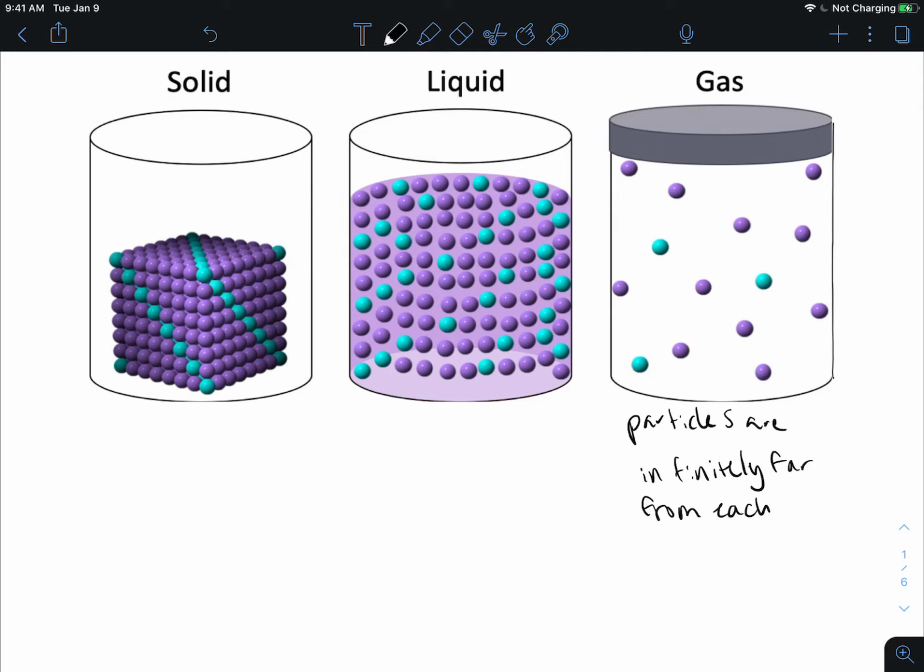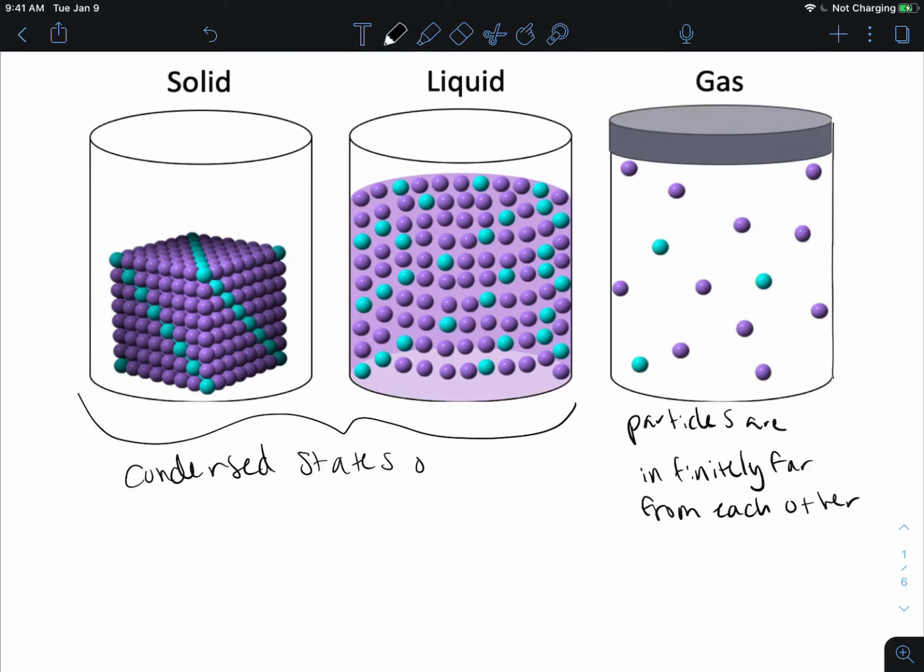In contrast, our liquids and our solids are considered condensed states of matter, meaning that all of the particles are very close to each other. So our gases, everything's very, very far apart. Our liquids and our solids, everything's very close together.